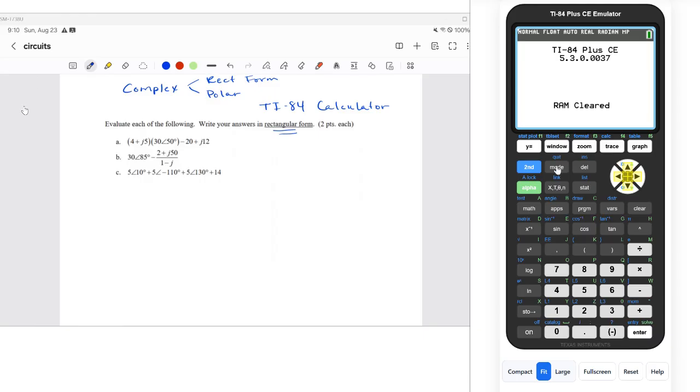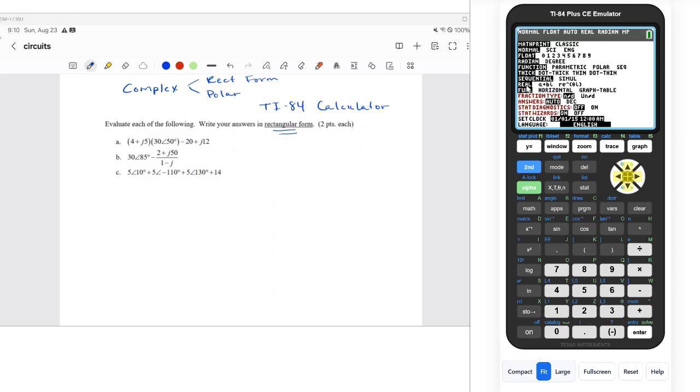We need to put it into rectangular form. So we're going to go to the mode and we're going to come down here where it says real and change it to A plus BI, because rectangular form is the A plus BI form, and polar form is going to be the real part and then E to the angle up here, I. Okay, so those are our two forms.